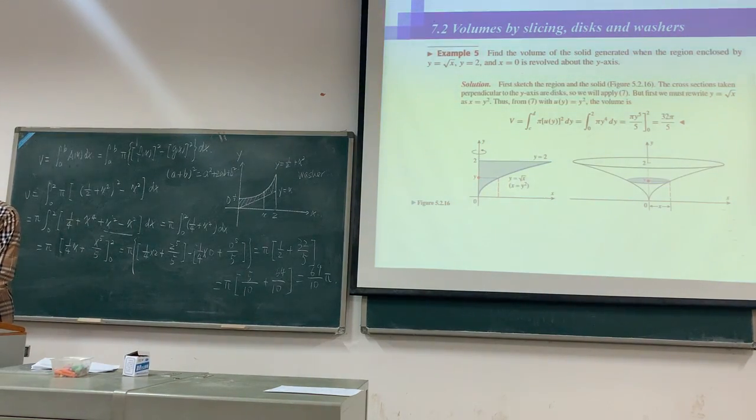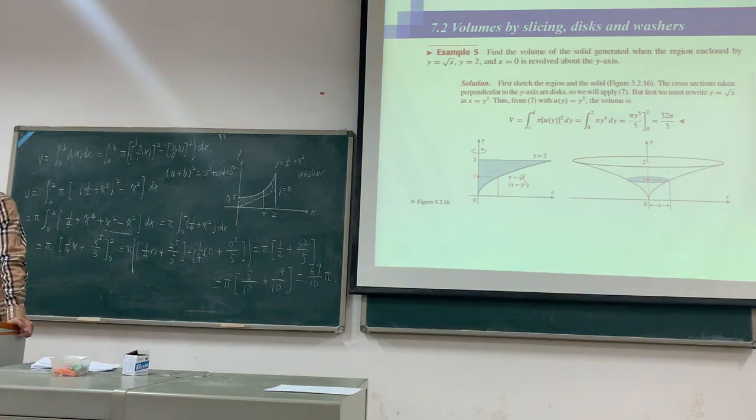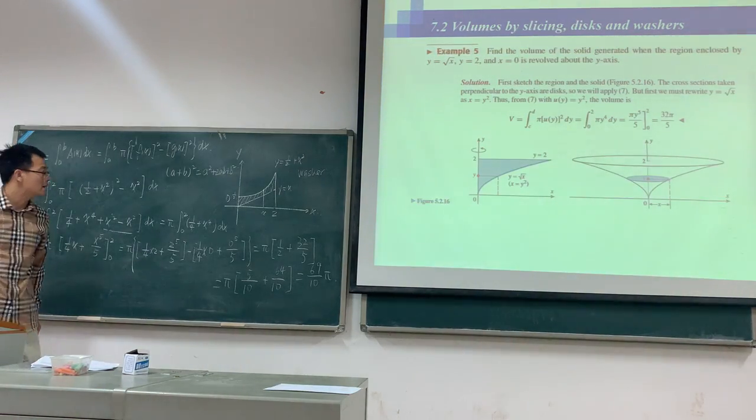Here we introduce the last example. Find the volume of the solid produced when the region enclosed by y equal to the square root of x, y equal to 2, and x equal to 0 is revolved about the y-axis.